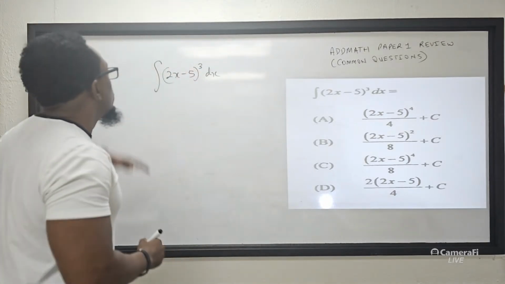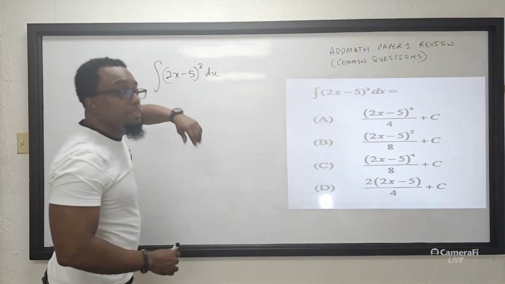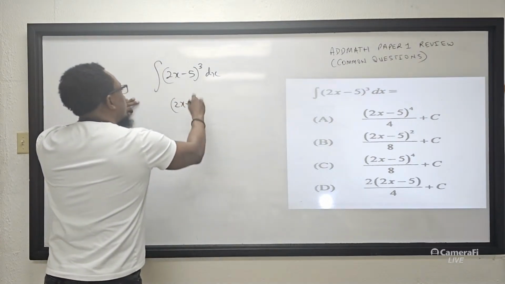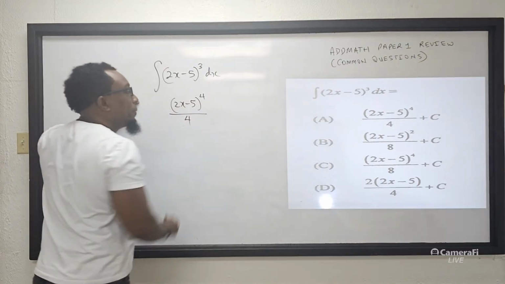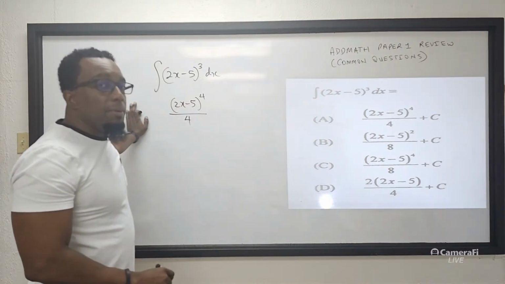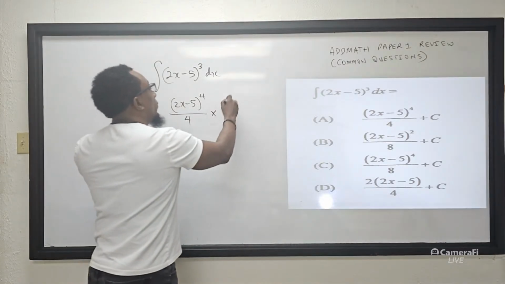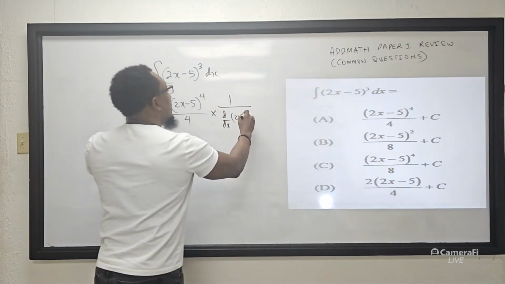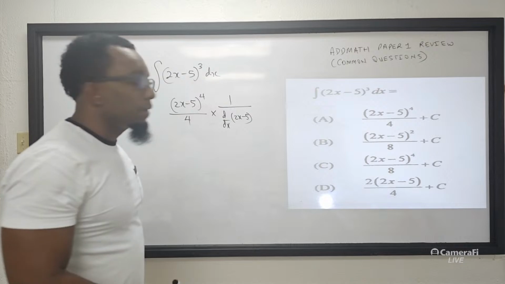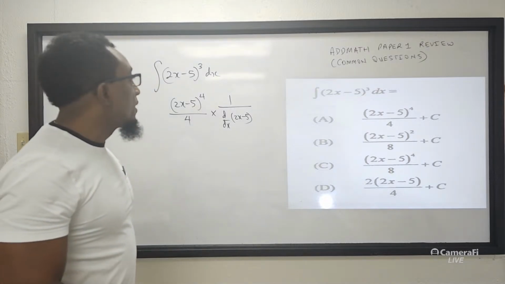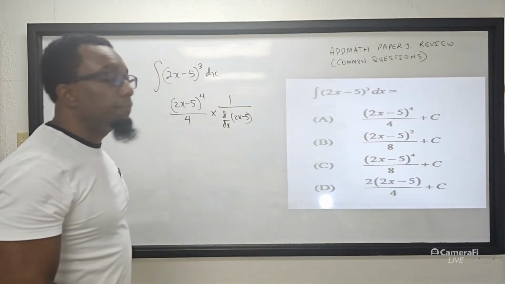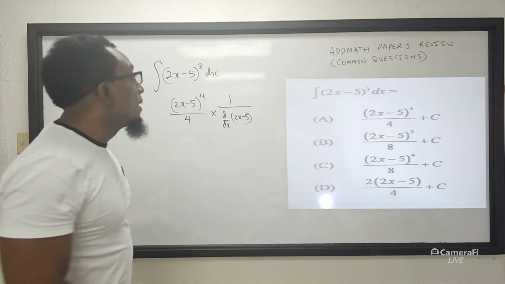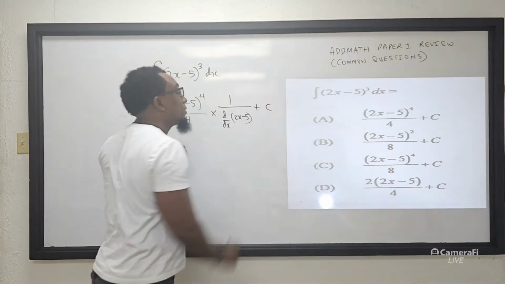We drop the integral symbol, we drop dx, we add 1 to our power, we divide by the new power, which is 4, and we multiply by 1 all over the differential of what is in brackets. Alright? So the inverse of the differential of what's in brackets, plus your constant c.